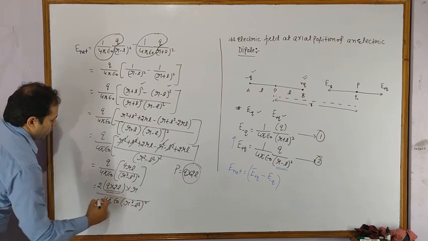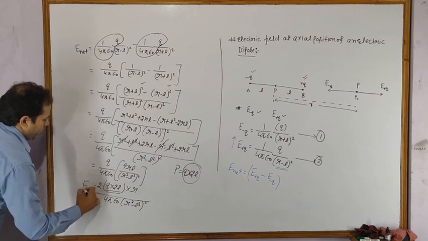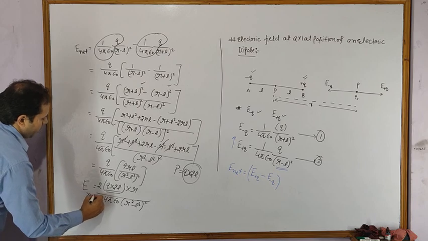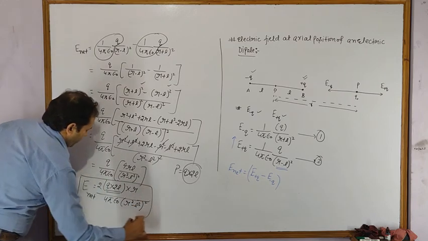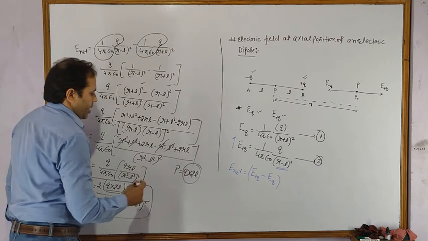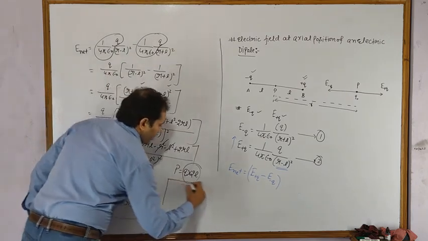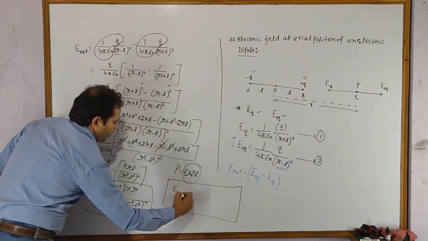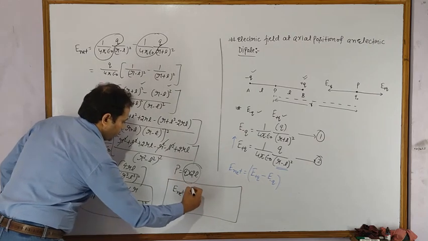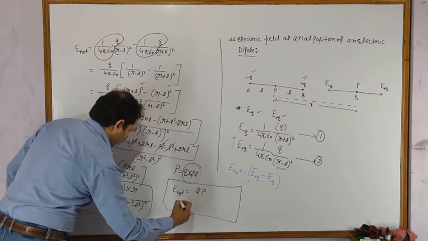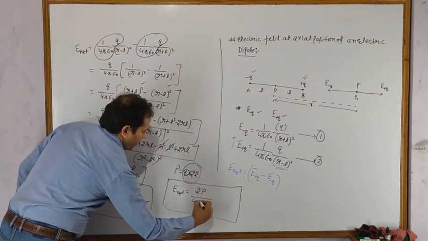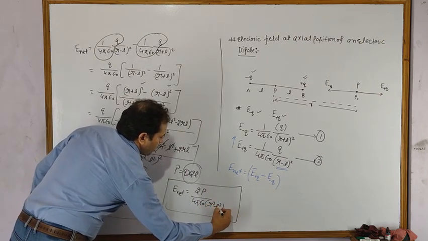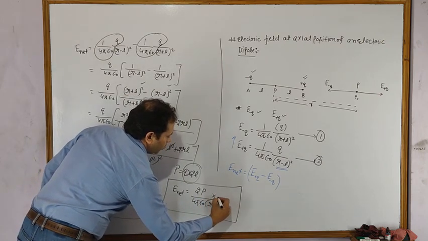You can write P in the place of Q into 2L. So the net electric field will be finalized as shown in this box. E net will be 2PR upon 4 pi epsilon naught, R square minus L square power 2.